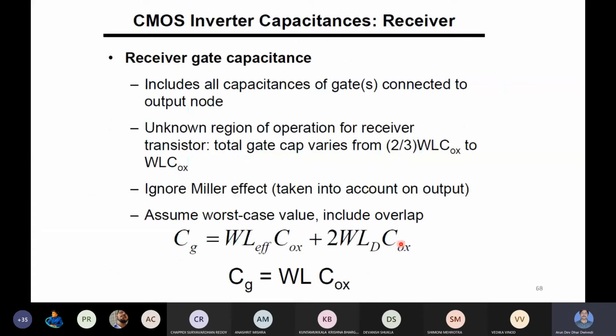So W L effective COX plus the overlap capacitance including Miller effect gives overall gate capacitance WL COX. So this is the gate capacitance.